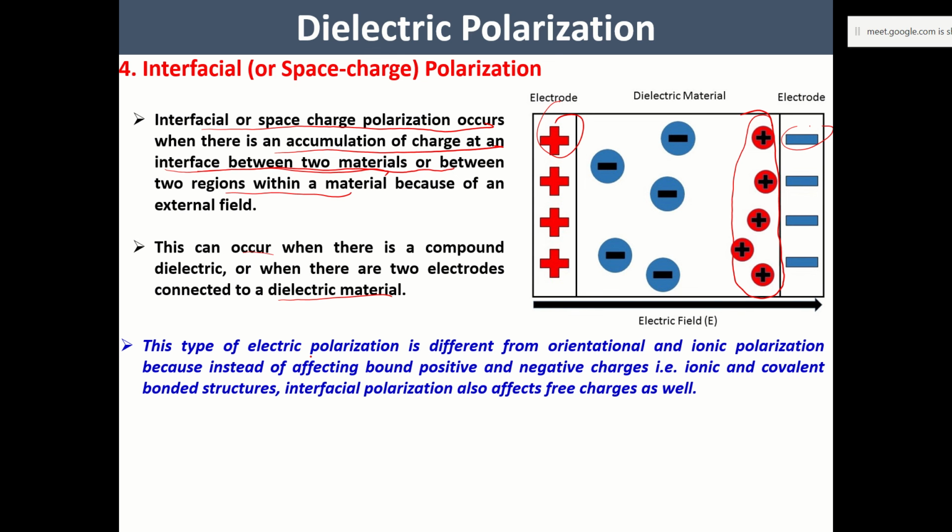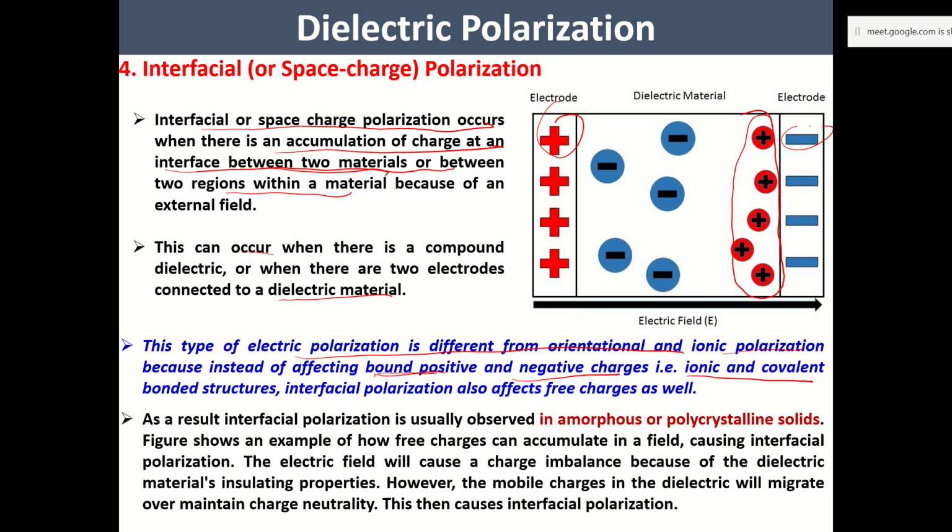So this type of polarization is different from orientation or ionic polarization, because in all the previous cases they were bound positive and negative charges. This is particularly in polycrystalline solids.